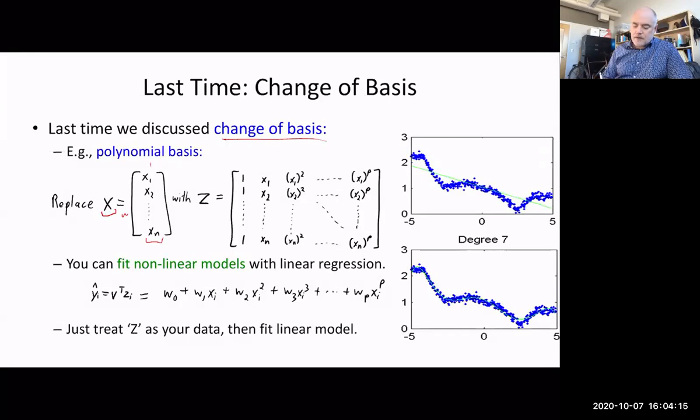We replace it with a different data matrix, or a different basis Z, where we added a 1 for the bias term, constant. We added the data itself as another term, and then we started adding polynomial terms up to some order P, right?